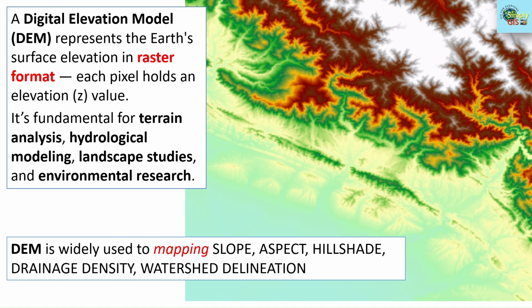Each pixel in this raster data has a digital number which represents the elevation on the ground in meters. Digital elevation model is widely used for mapping slope, aspect, hillshade, drainage density, watershed, etc. And these maps are fundamental for terrain analysis, hydrological modeling, landscape studies, and environmental research.